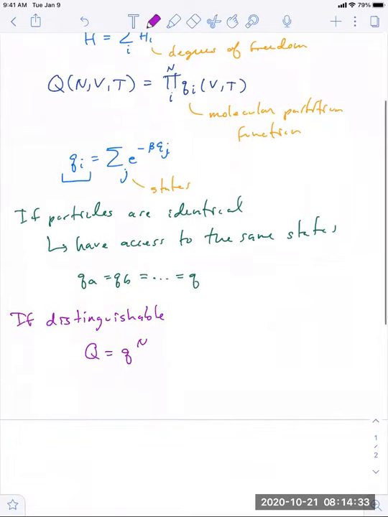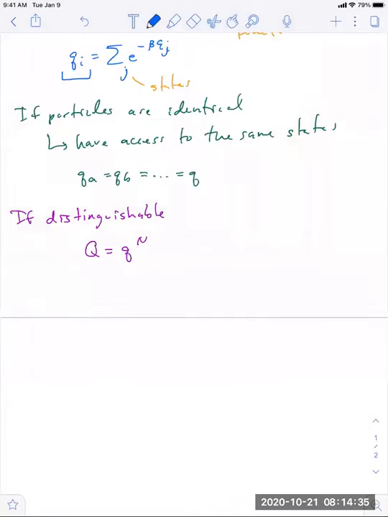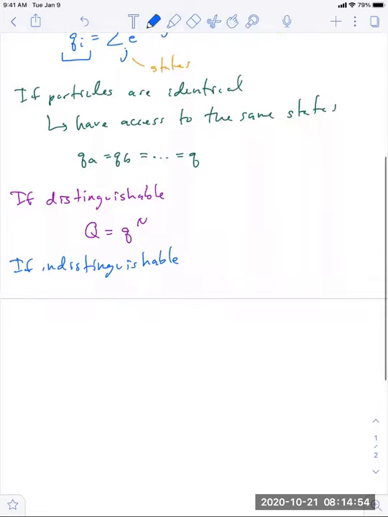Now, more commonly, the case is particles are indistinguishable. So that means that because I can't distinguish between two particles, if I have particle 1 in state 1 and particle 2 in state 2, this looks the same to me as the inverse, where particle 1 is in state 2 and particle 2 is in state 1. So I need to account for overcounting in some way.